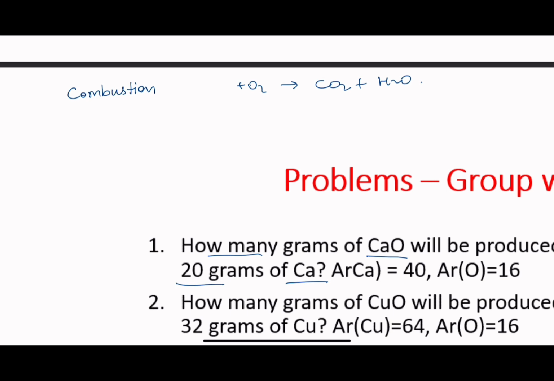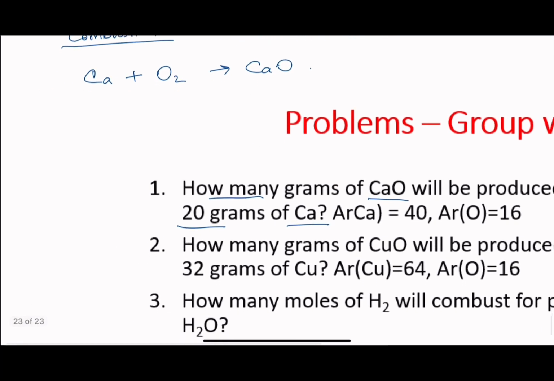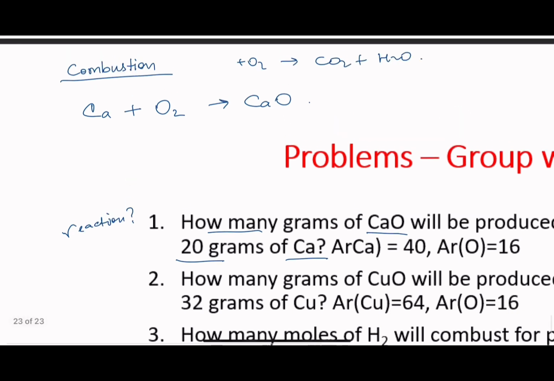But in this case, this is an exception. We're giving you calcium and it's getting into combustion with oxygen, and you get the product of calcium oxide. So you see the reaction is not given to you. You need to figure it out yourself.